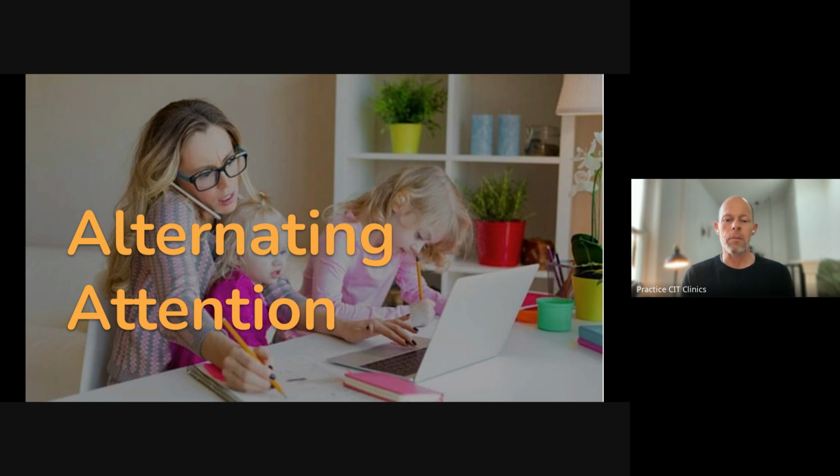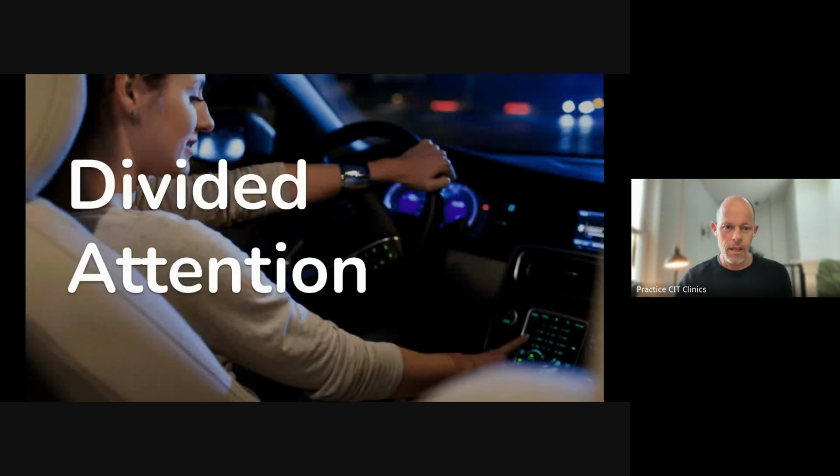The password's probably not working. Meanwhile, her 4-year-old has some form of homework and her 2-year-old just wants her attention. So her ability to manage this whole situation requires what we call alternating attention. So she can switch from, yes, customer service, I'm listening to you, to no, sweetie, the eraser is over here, or try X, Y, and Z.